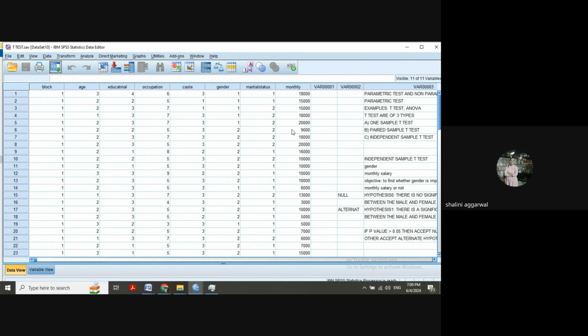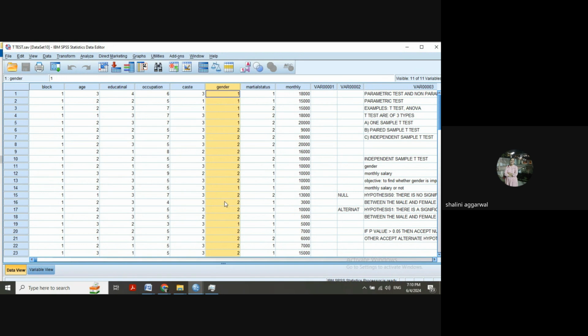You can see here, this is the monthly salary of the employees. And this is gender. Gender is defined by 1 and 2. So this is how you capture the data in SPSS for different employees.